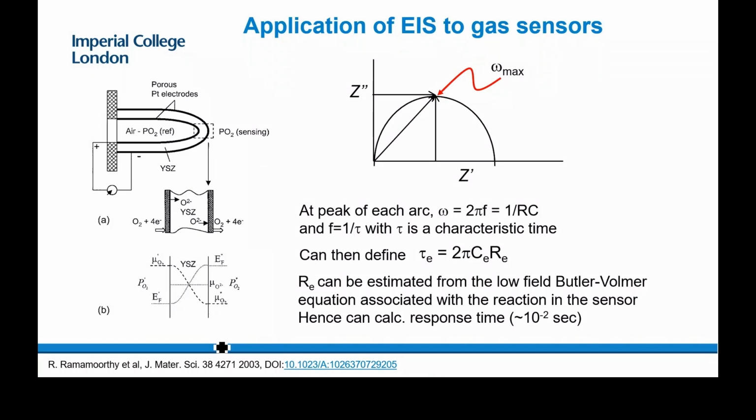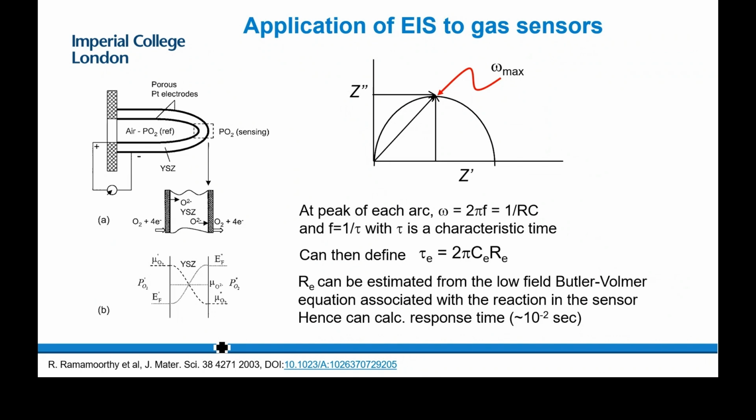At the peak of that arc, you can relate that frequency, 2 pi f, to 1 over RC. So this is related to the resistance and capacitance of your circle. Okay? That process has a characteristic time constant. So tau is your characteristic time constant, where f is 1 over tau. And so by relating all of this together, you can define tau for your electrode process as 2 pi CERE. Okay?